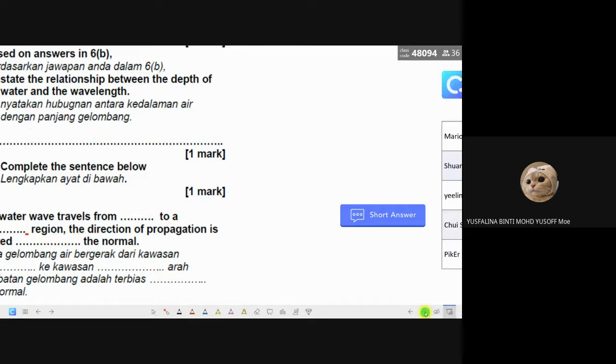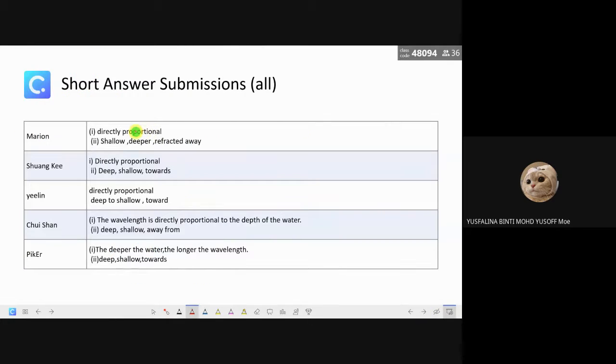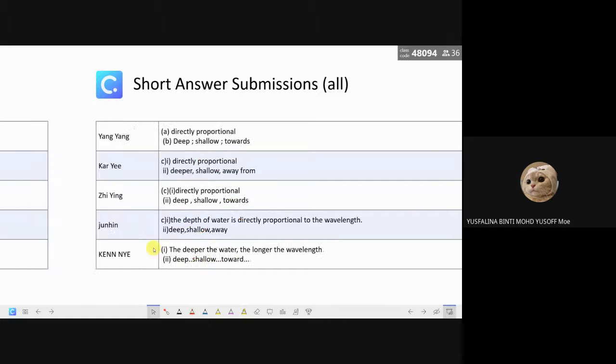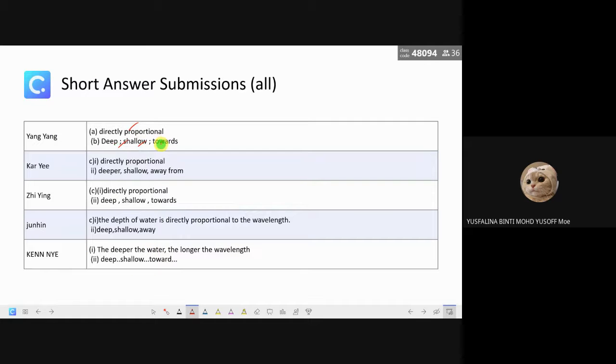Okay, so let's check your answers. Deep to shallow is refracted towards, not away from. Deep to shallow, towards. If shallow to deep, then it's refracted away.